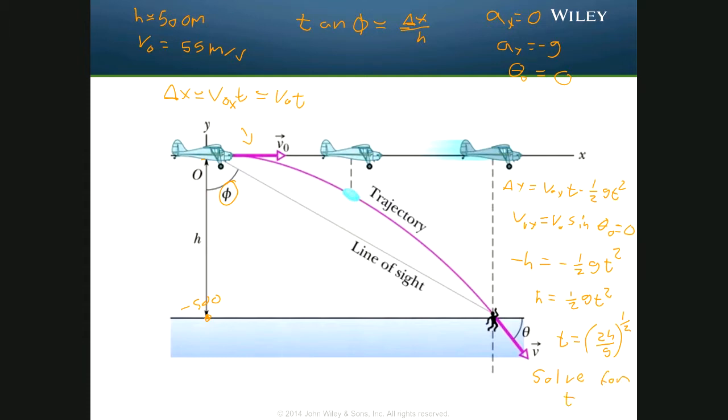If you want, we can see here that delta x will equal v naught times 2h over g, to the 1/2. I hope I did the algebra right. Yeah, I did.